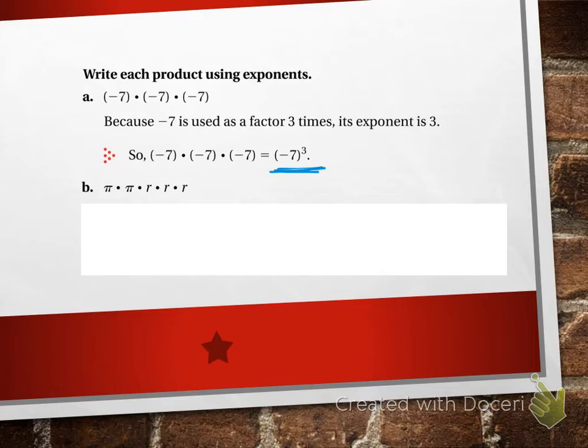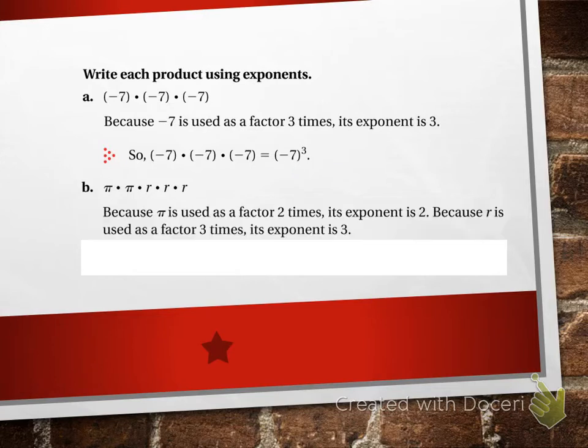Now here we've got pi times pi times r times r times r. Just because they're not numbers doesn't mean that they're not still a base. Whether it's a number or a symbol or a letter representing an unknown, you're still going to treat it the same. So our first one has a base of pi.